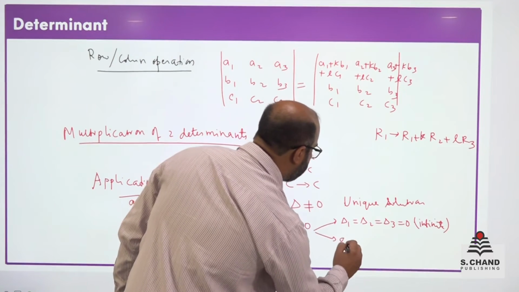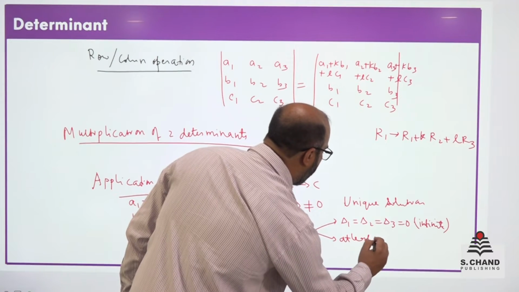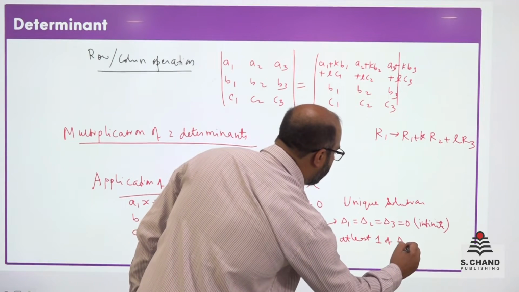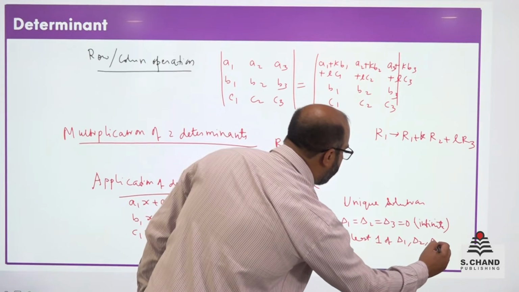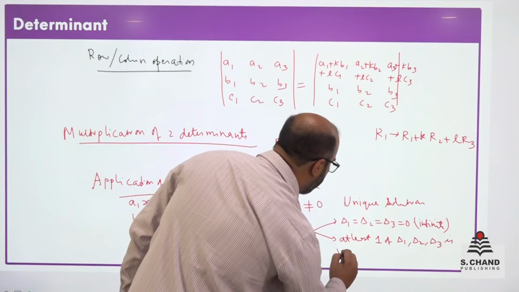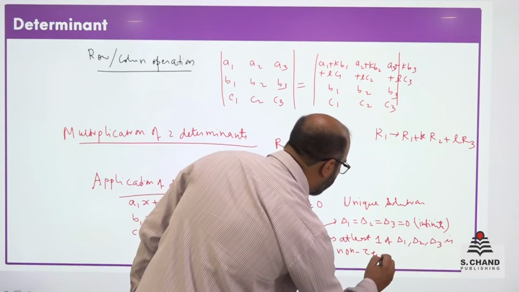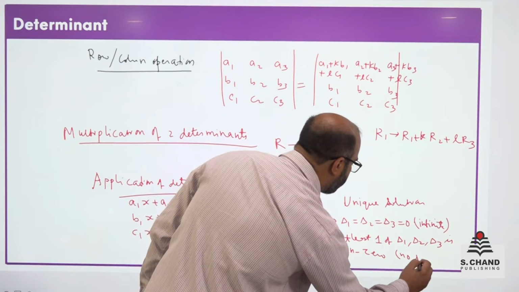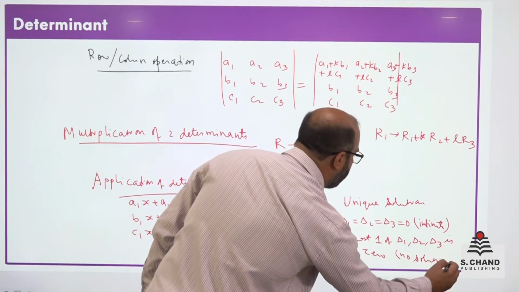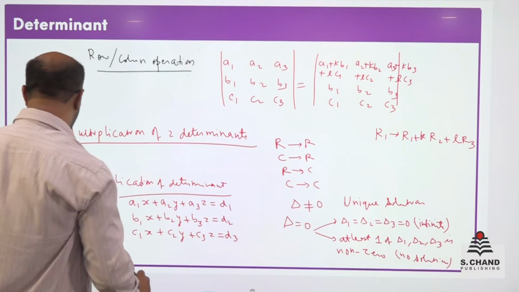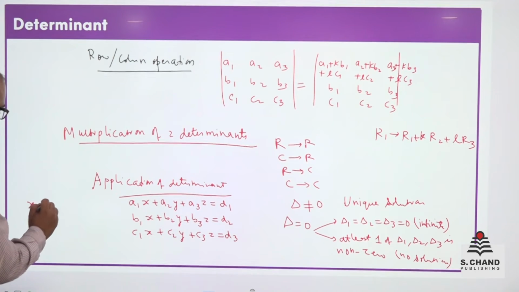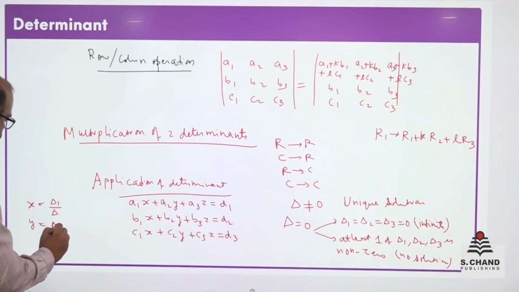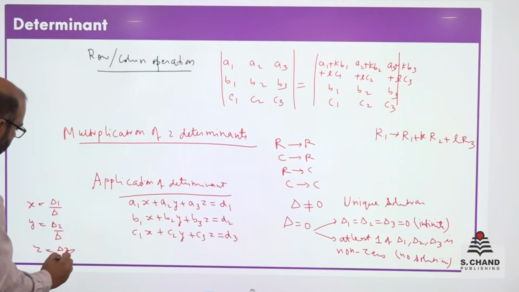And if at least one of delta 1, delta 2, delta 3 is non-zero, then we have no solution. And how do we obtain the unique solution? The unique solution is x is equal to delta 1 by delta, y is equal to delta 2 by delta, and z is equal to delta 3 by delta.